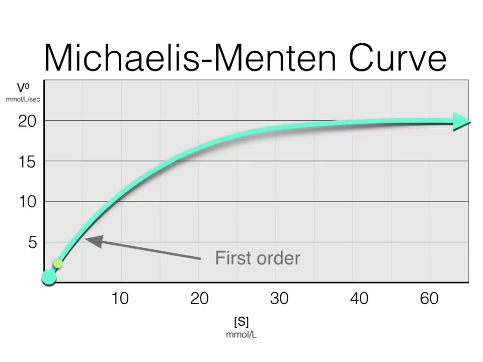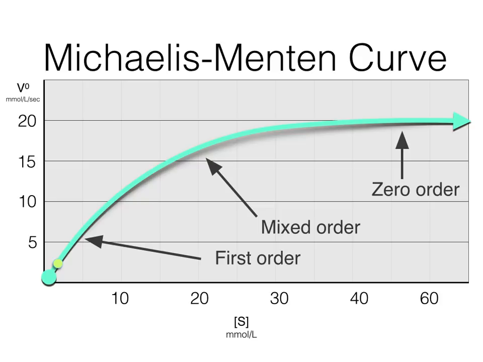Initially, when the substrate concentration is very low, it is almost like a straight line going up. So we say that the reaction obeys first order kinetics. On the other hand, when the substrate concentration is very high, it's a flat line that is constant. So it's now obeying zero order kinetics. And in between, there is a transition we call the mixed order kinetics.